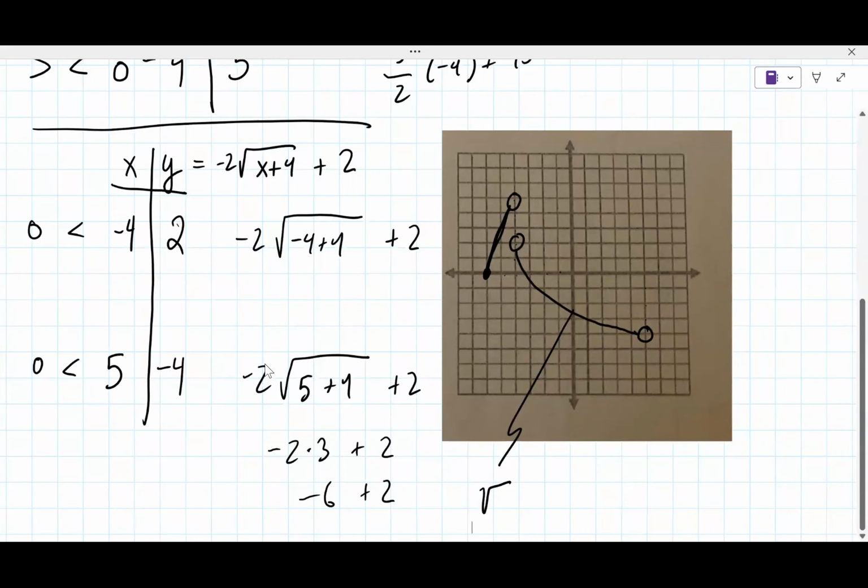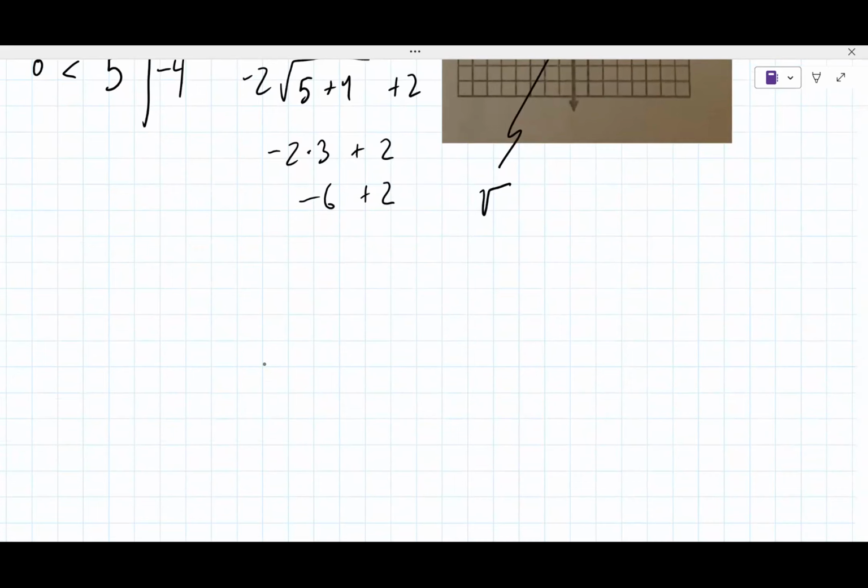What's the last piece of the piecewise function? What's the third piece say for number 5? The third piece is going to be 5 less than or equal to x less than or equal to 10.